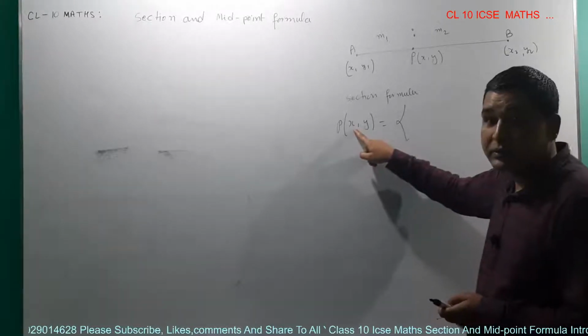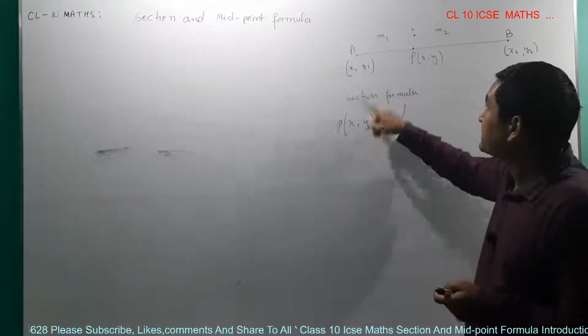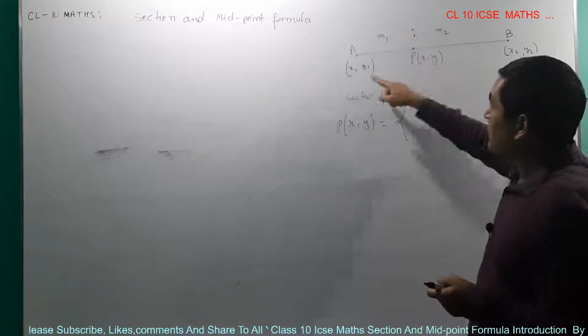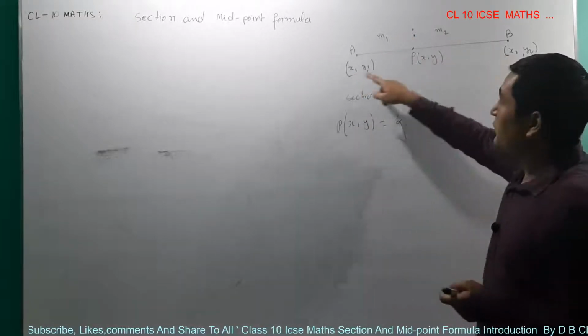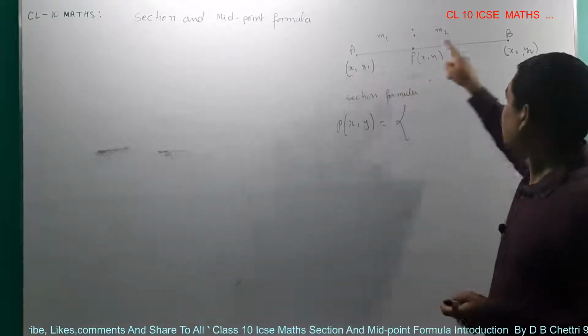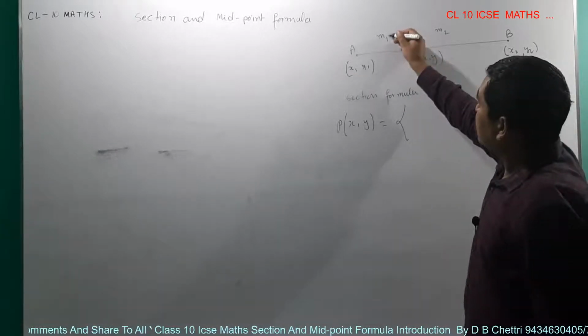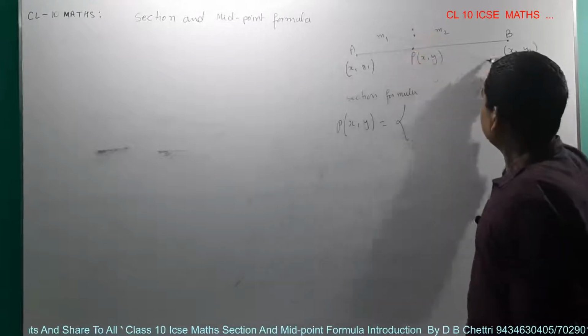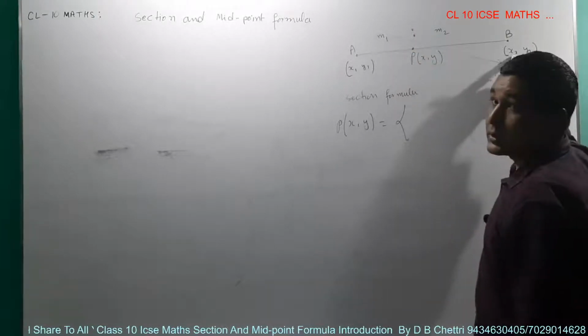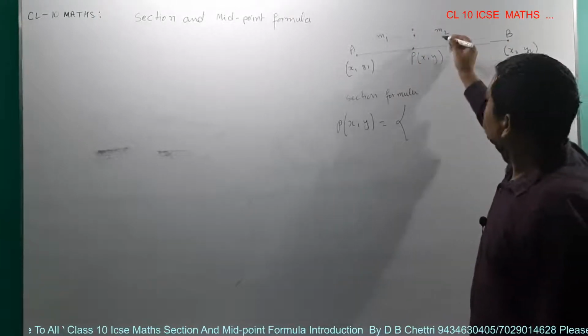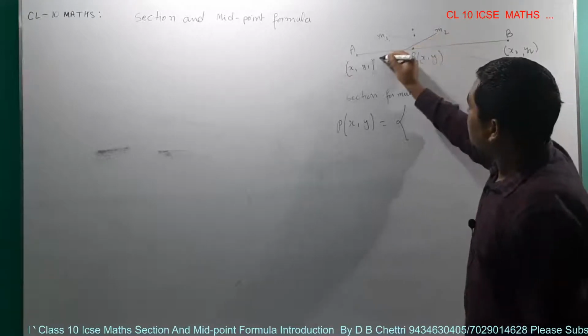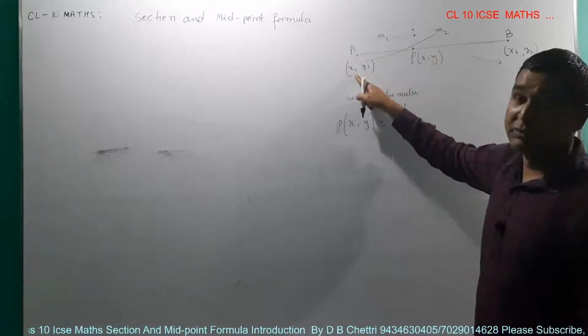First is x. To find the coordinate of x, always take the x coordinate from both points, x from here, x from here. Take this m1 and cross multiply with x2, and take this m2 and cross multiply with x1, and get the sum of these two.